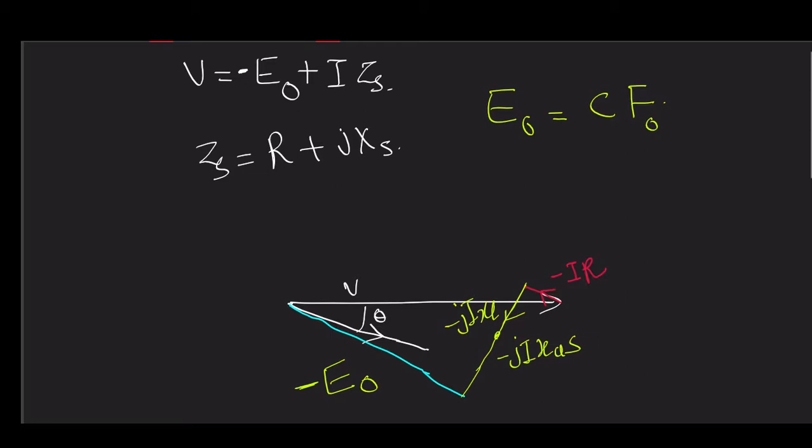Magnitude-wise they are proportional, and if we consider the phasor relation, then minus eta naught is equal to minus Kc if naught.